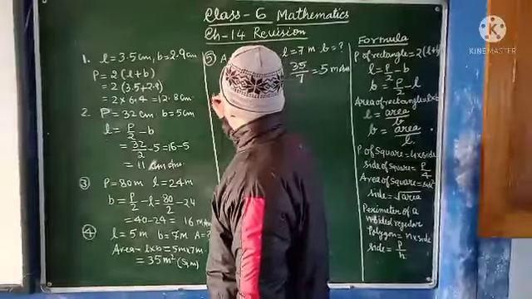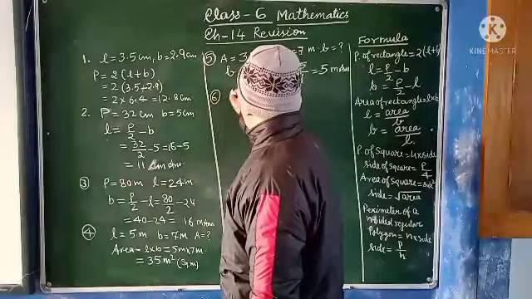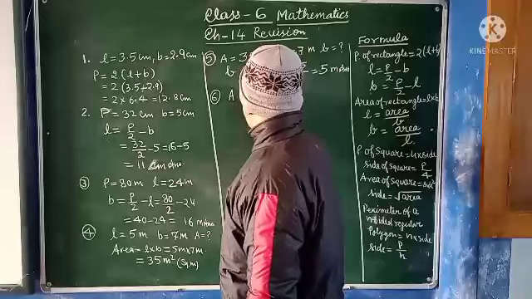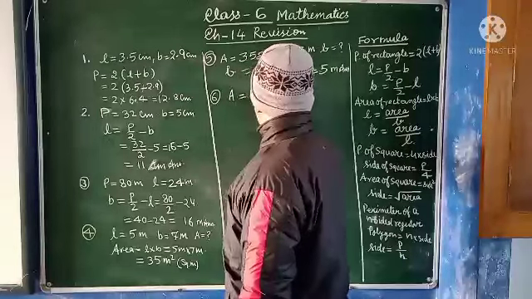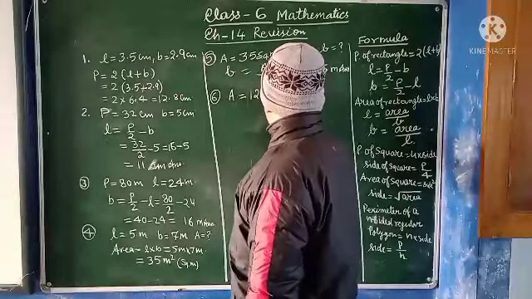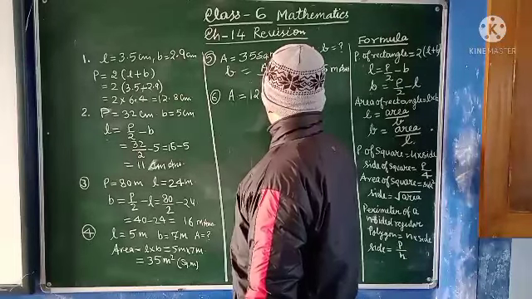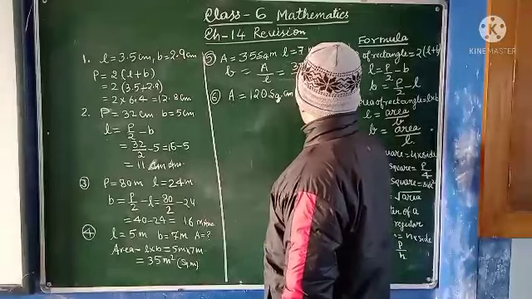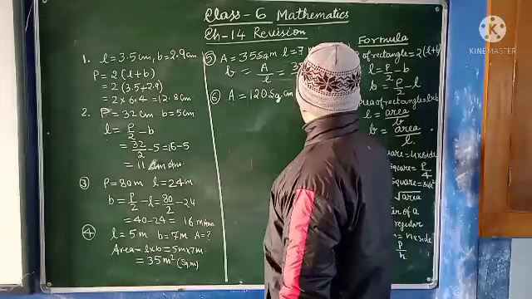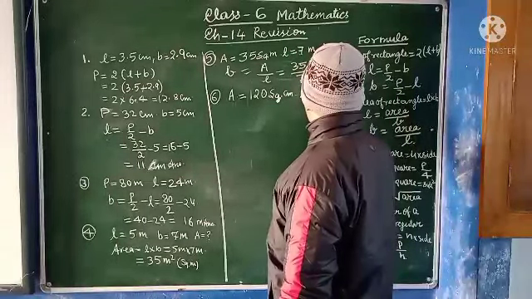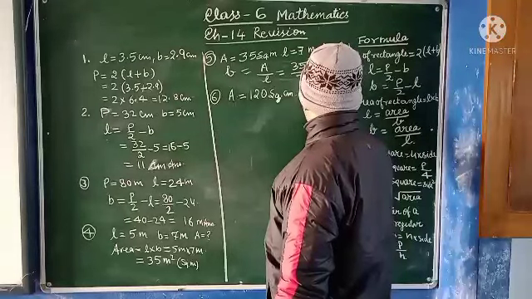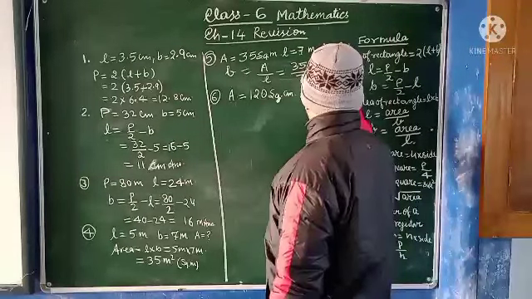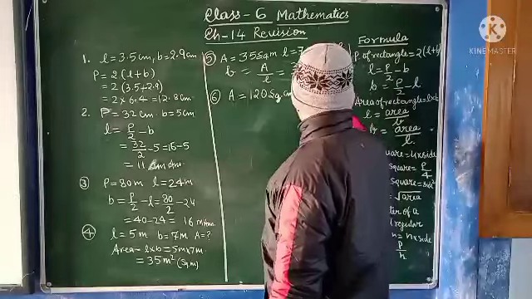Now the next question we will discuss here. When area is given as 120 square centimeter and breadth is given as 8 centimeter, we have to find the length.